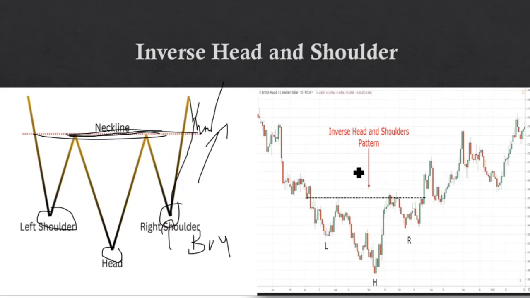Now as you can see, this is a chart example of an inverse head and shoulders. We have the neckline being this point right here, and we have the left shoulder here, we have the head, and we have the right shoulder. As you can see, price traded up and came back down, breaking the neckline.